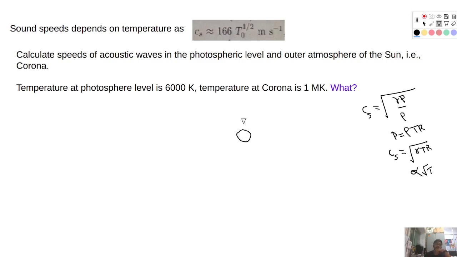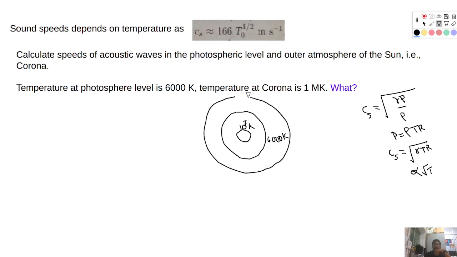So now in the sun, let's say this is the photosphere. Up to this level you have, let's say, 10 to the power 7 Kelvin, and in the photosphere it is around 6000 Kelvin. But then you have the corona, which is the outer atmosphere of the sun, and surprisingly it has a temperature of 10 to the power 6 Kelvin.